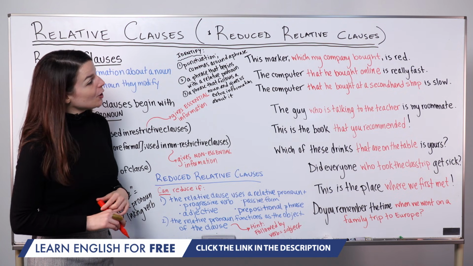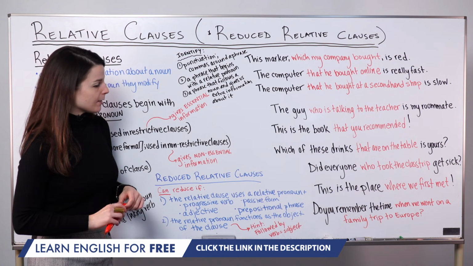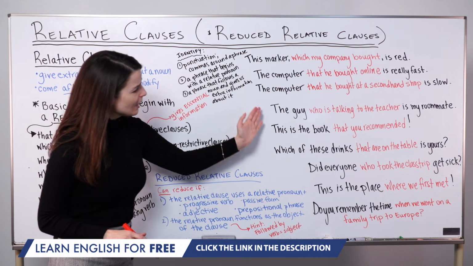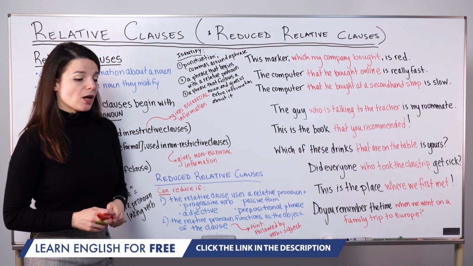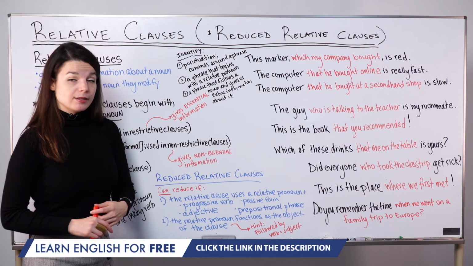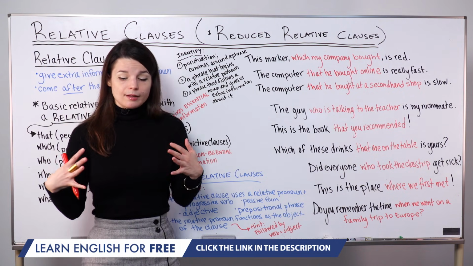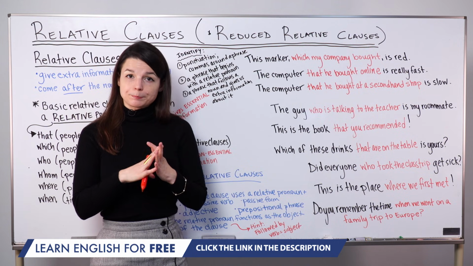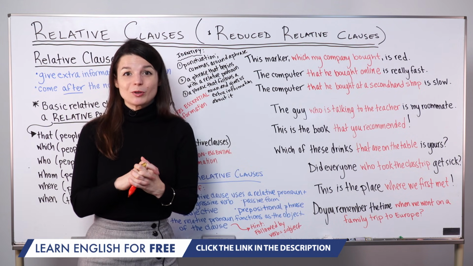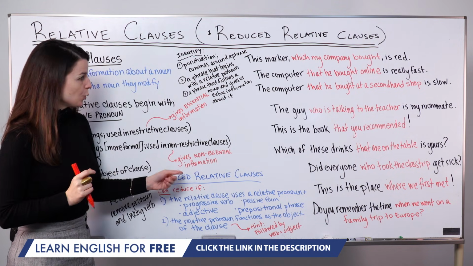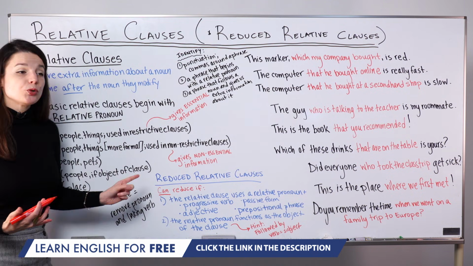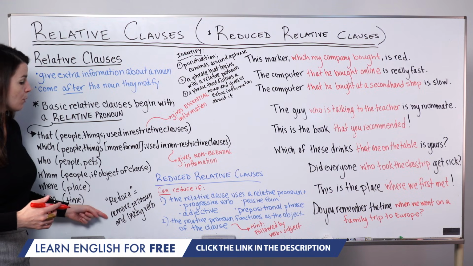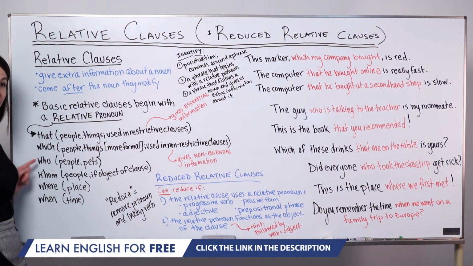I want to continue, though, to the next parts. In the following example sentences, I'm going to talk a little bit about reduced relative clauses. So a reduced relative clause is a relative clause that becomes shorter. It becomes smaller. We reduce it. To do that, I want to first talk about this point down here. And by reduce, I mean we can remove the pronoun, which I talked about over here.